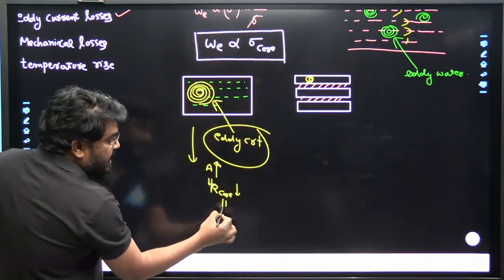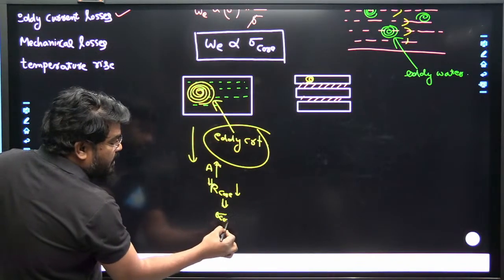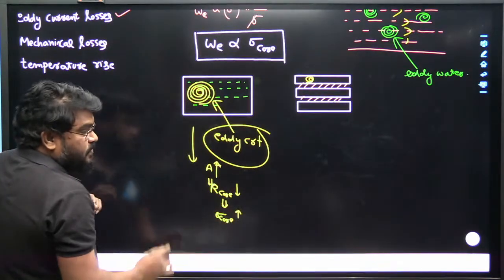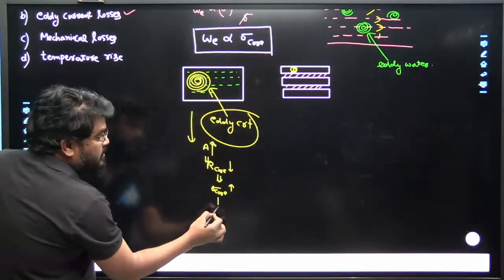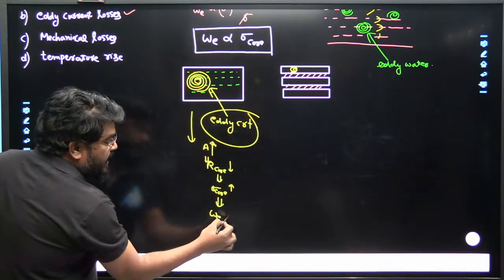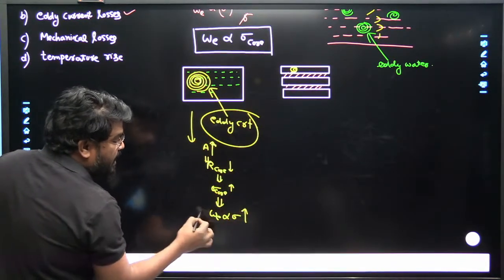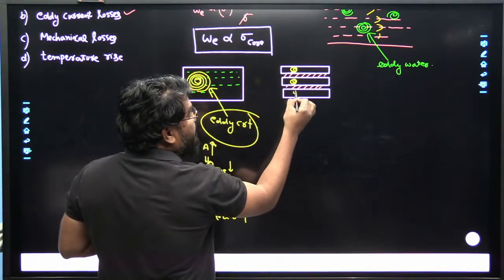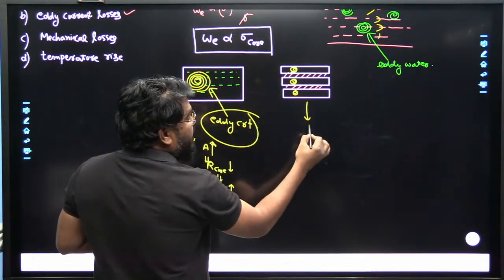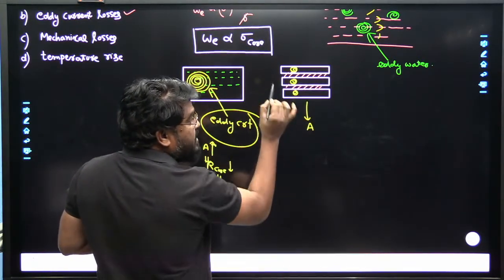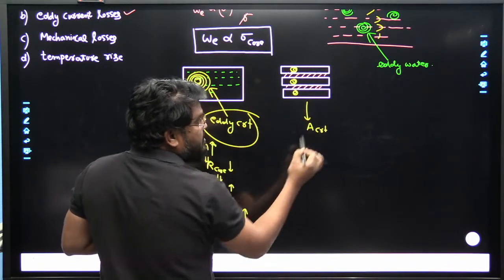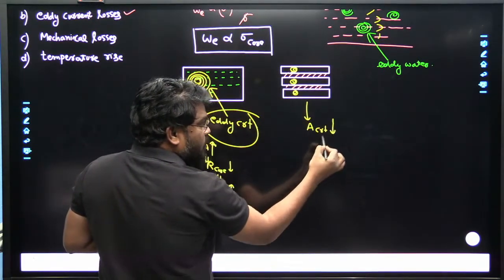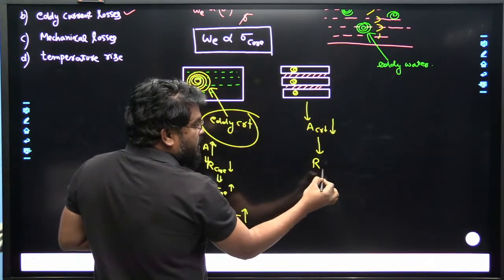When resistance is less, conductivity of the core will be high, and eddy current loss is directly proportional to the conductivity. Now when the area occupied by the current is less, what about the resistance here?